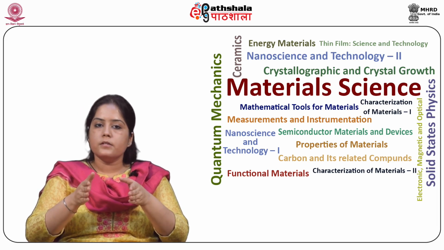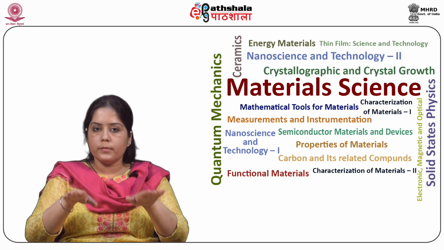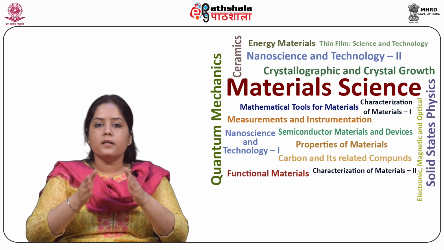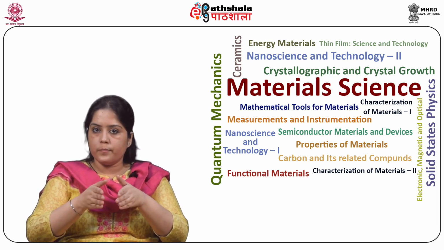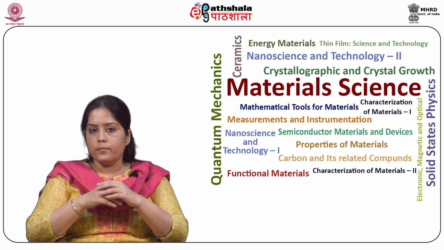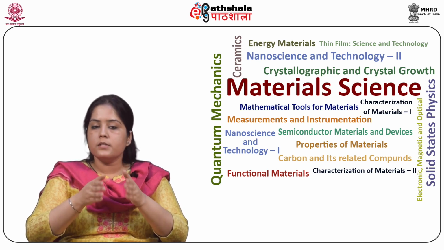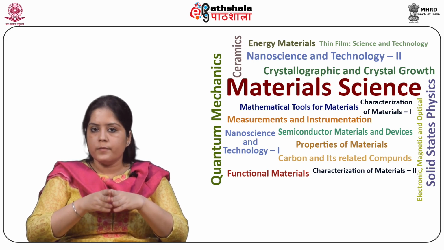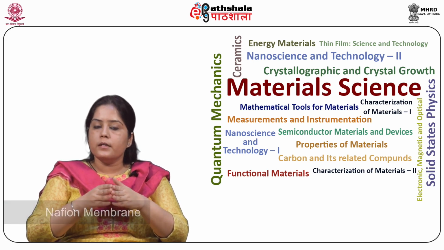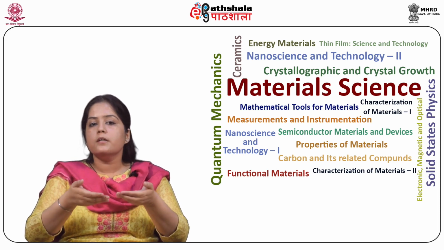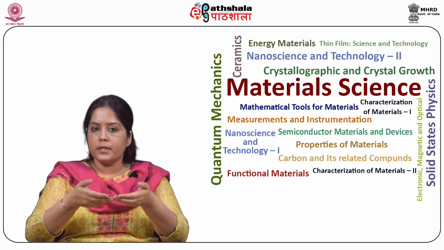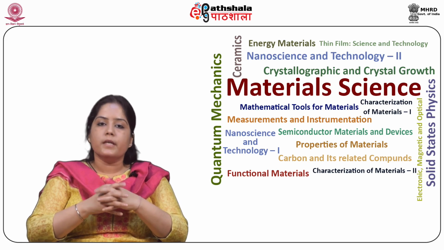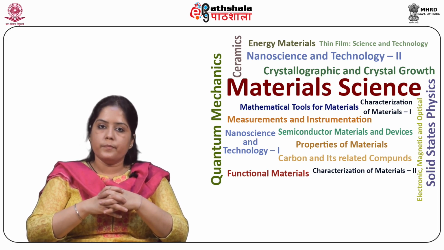In comparison to the other hydrocarbon type cation exchange membranes, or CEM, such as Selemion CMV, DMV from Asahi Glass, Nafion membranes have superior chemical stability in the vanadium electrolyte.